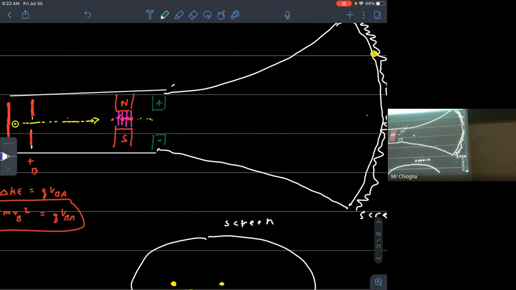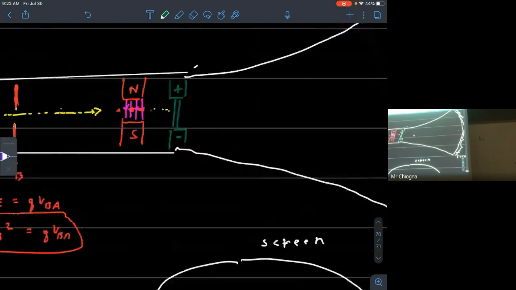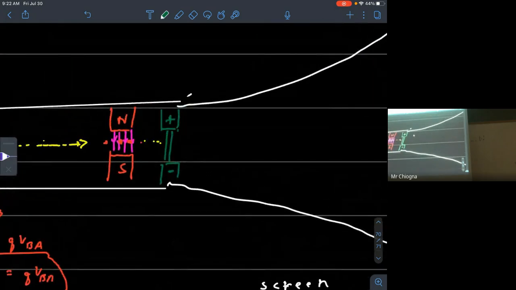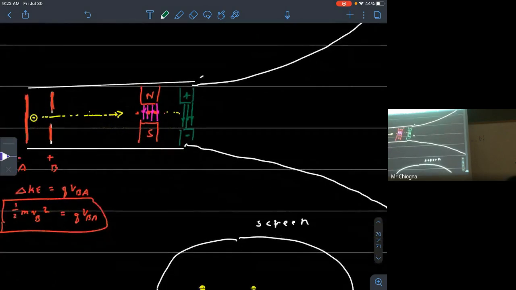The electric field is pointed away from the positive and towards the negative. This is a negative charge, however, that's moving.